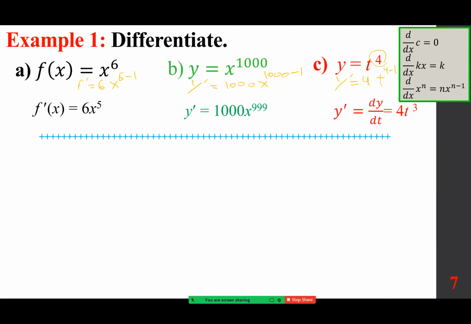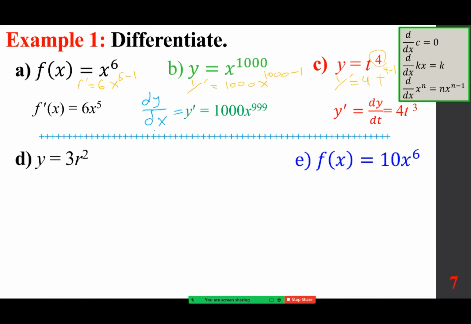Now, it is important to know that the independent variable doesn't have to be x. It can be any variable. In this case, the independent variable is t. That's why y prime here is the same as dy/dt, whereas for y prime here, we could have said dy/dx.